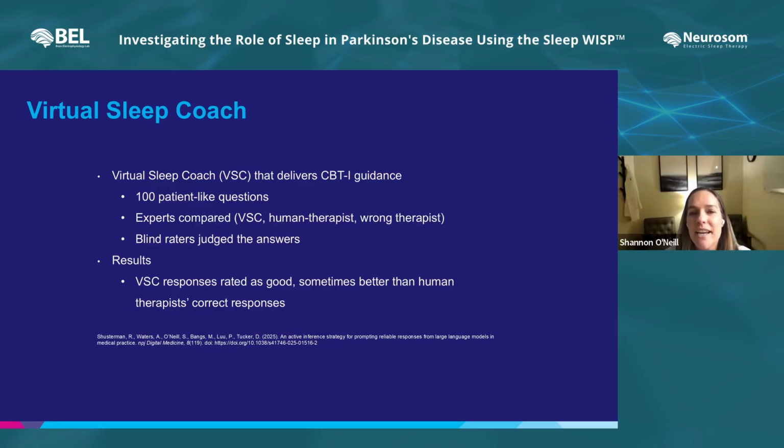First, we limited AI's knowledge to a very trusted domain-specific source, such as a CBTI manual. And we also established a two-agent system of a therapist first generating the first drafted answer of a CBTI intervention, and then a supervisor checking the answer against trusted sources, such as that CBTI manual.